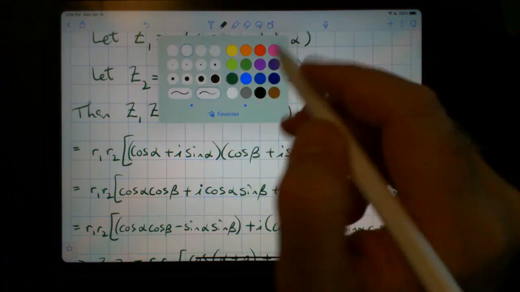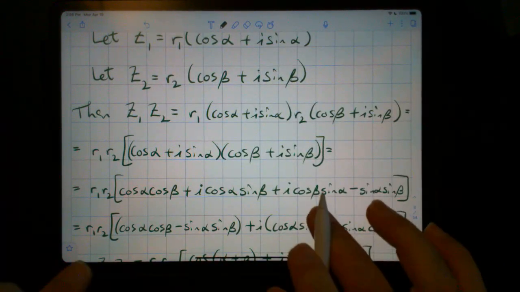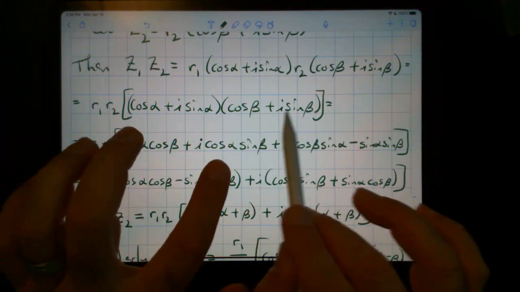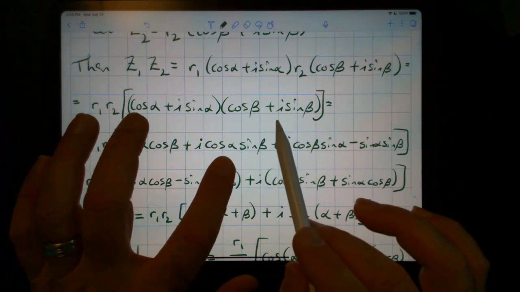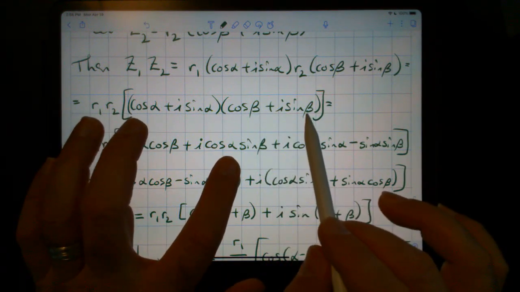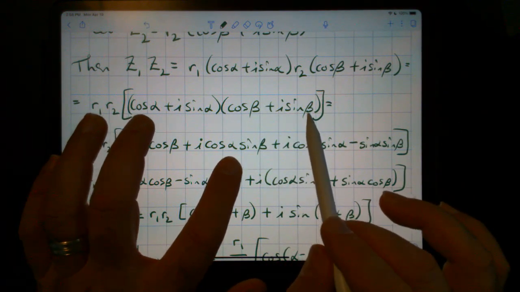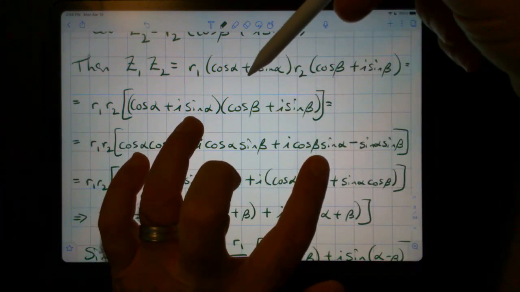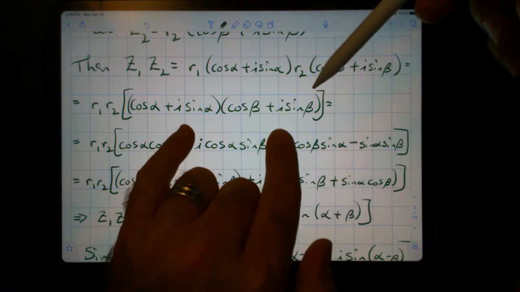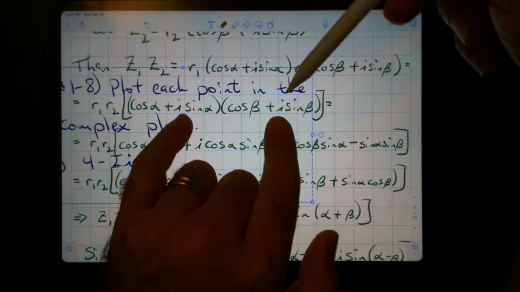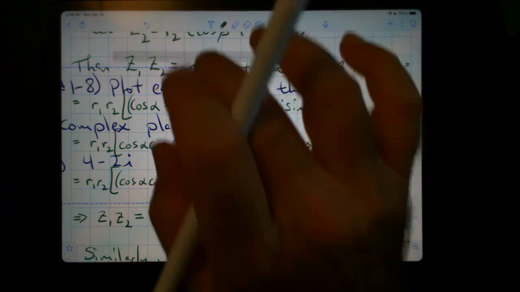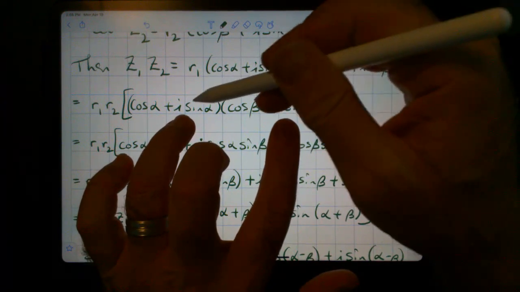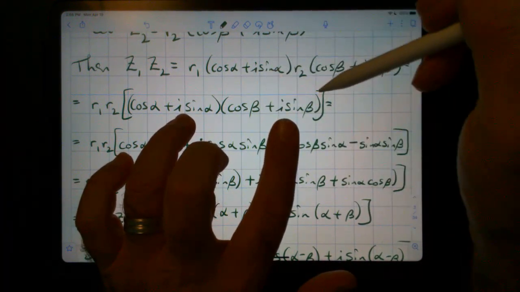But look what happens here. Cosine alpha times cosine beta, and then plus i cosine alpha sine beta, and then plus i cosine beta sine alpha, and then here we have plus i squared sine alpha sine beta.